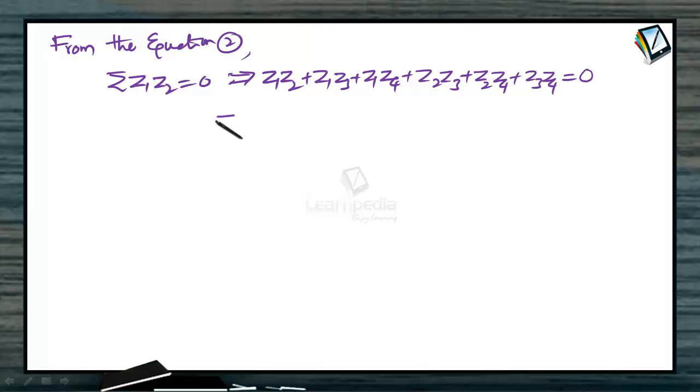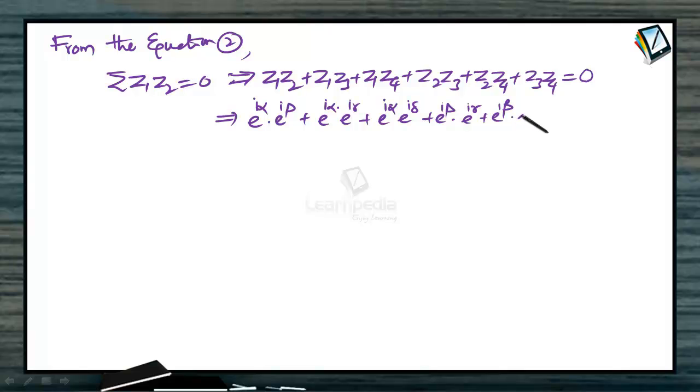Now if I write this using Euler's theorem: e^(iα) e^(iβ) + e^(iα) e^(iγ) + e^(iα) e^(iδ) + e^(iβ) e^(iγ) + e^(iβ) e^(iδ) + e^(iγ) e^(iδ) = 0.